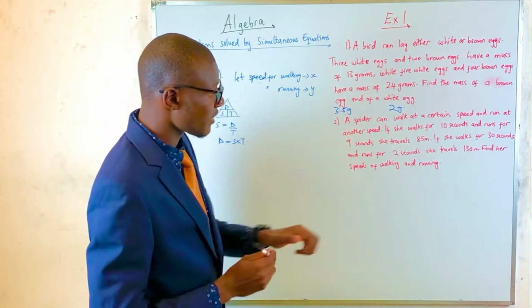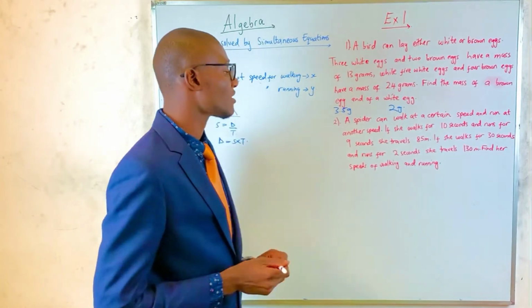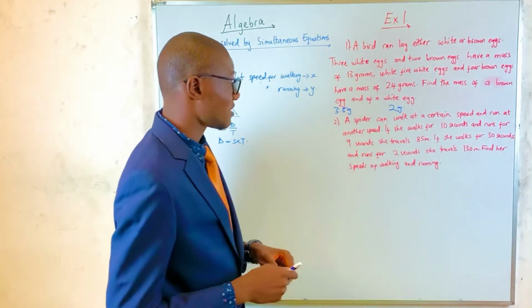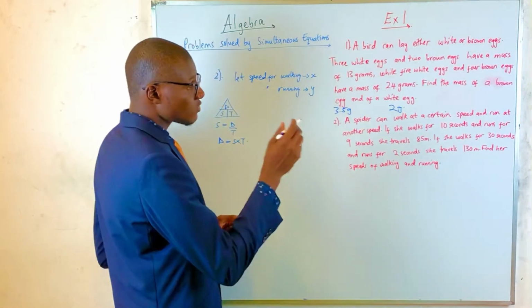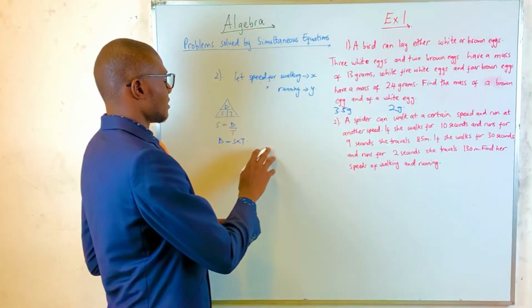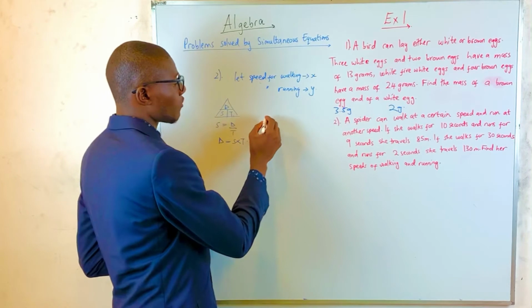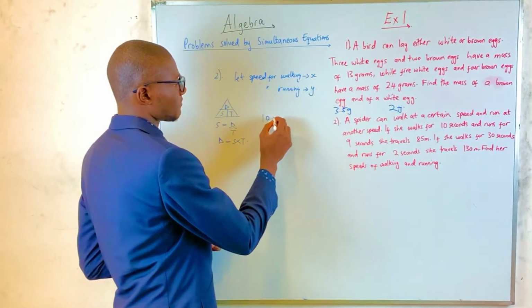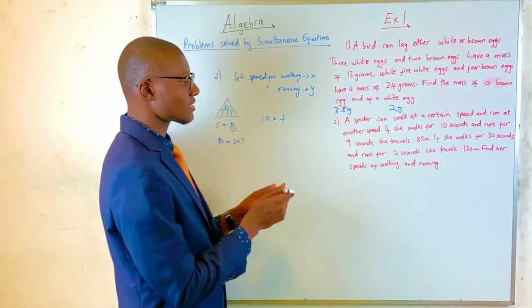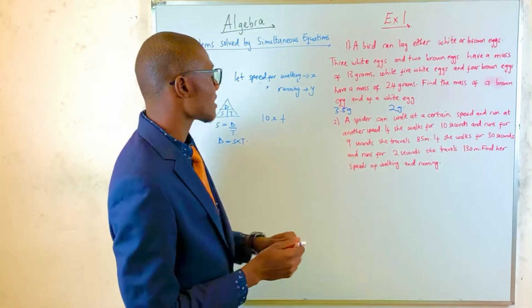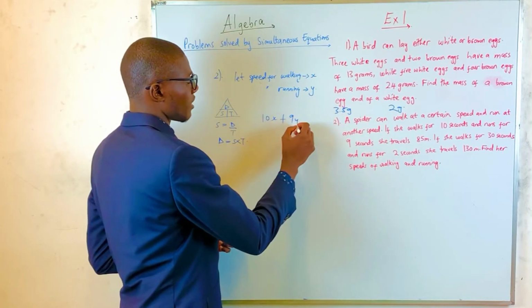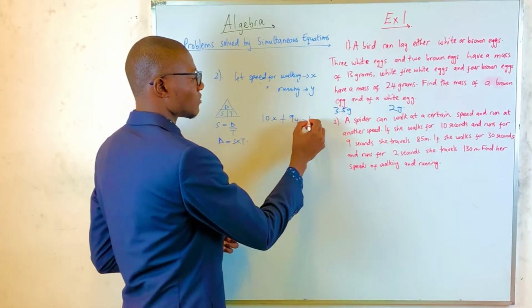Walking for 10 seconds means the distance is 10 times the speed x, plus running for 9 seconds, the distance is 9 times the speed y, and this should be equal to 85.